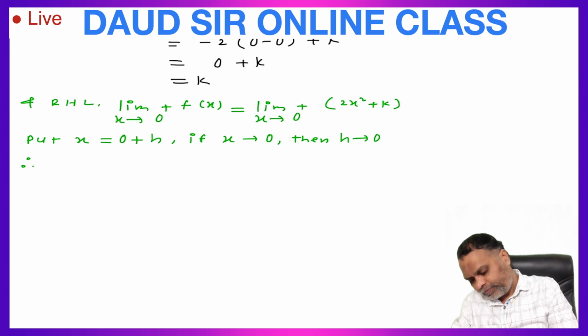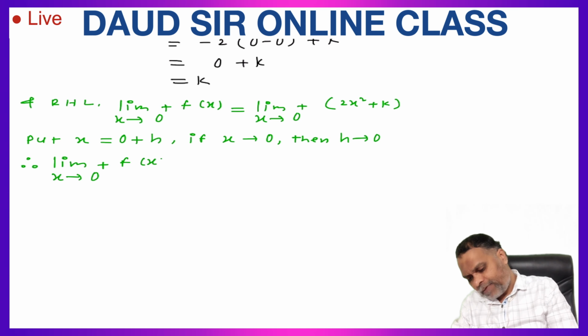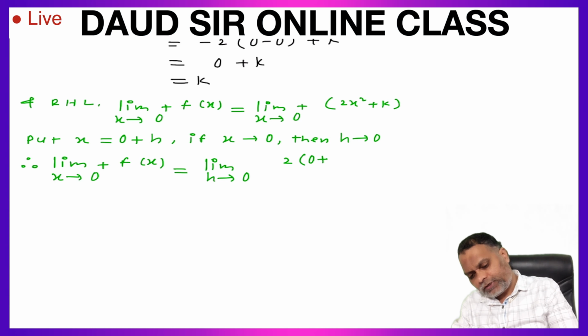Therefore right hand limit will become limit x tends to 0 plus f of x is equal to limit h tends to 0, 2 into x is equal to 0 plus h whole square plus k.